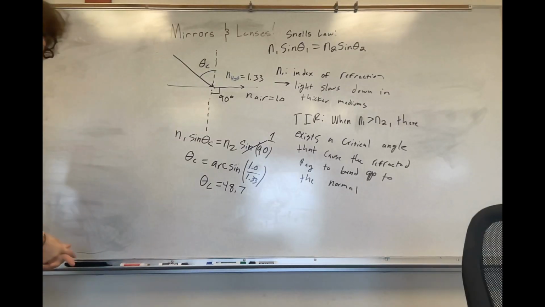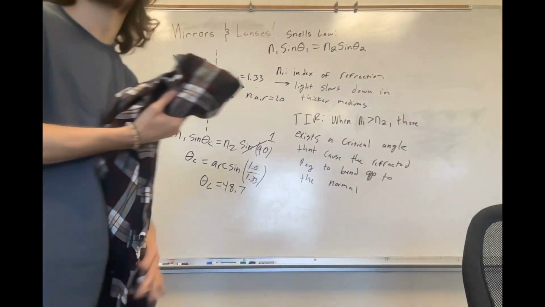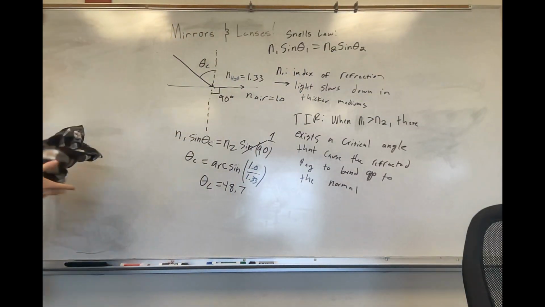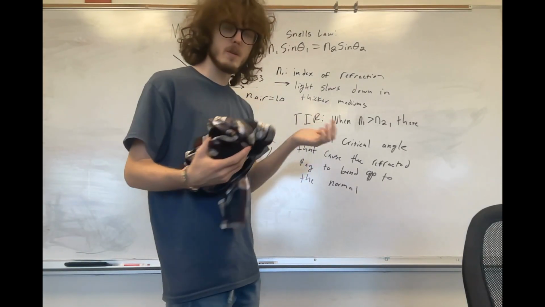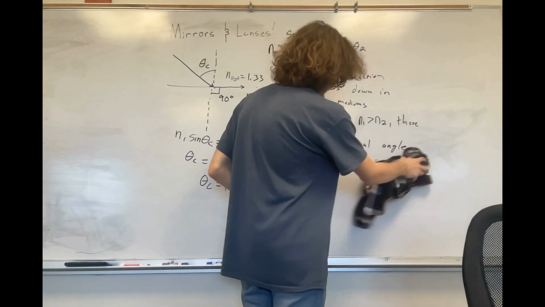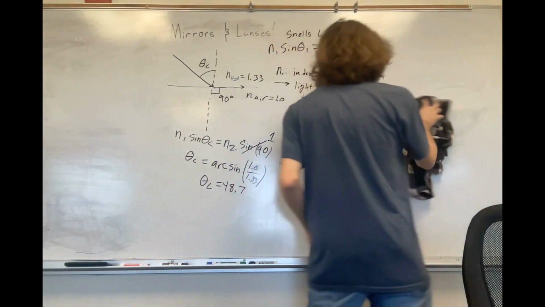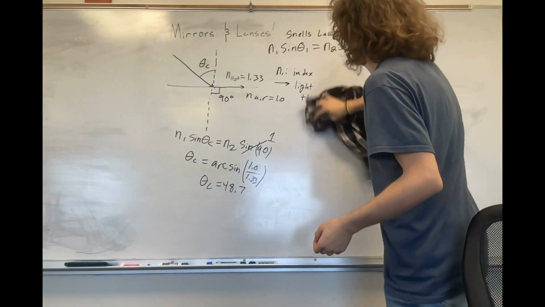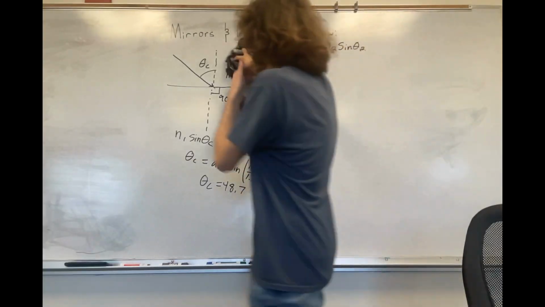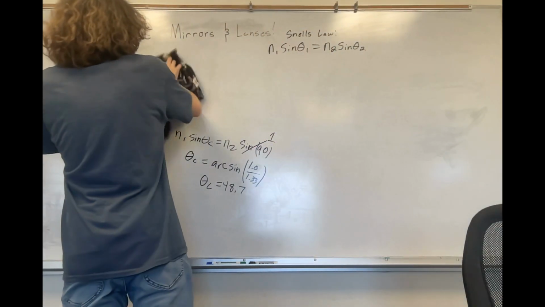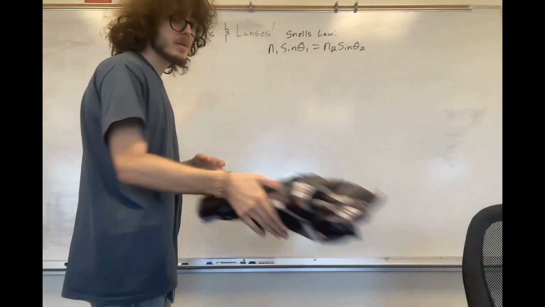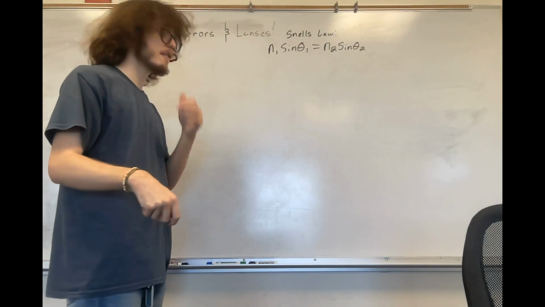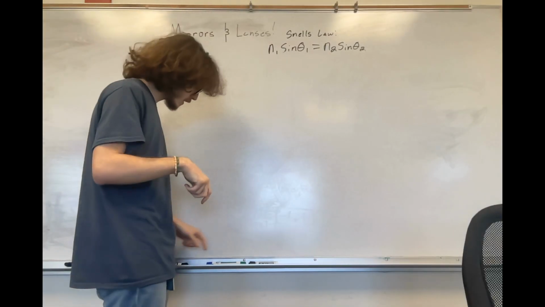Now I want to get into lenses. So this is kind of the application of refraction and is why you can see with your glasses, of course, and we might talk about that if time permits. We'll keep in mind Snell's law for some of these, so I won't erase that, but just like mirrors where you had convex, concave, you have convex and concave lenses.